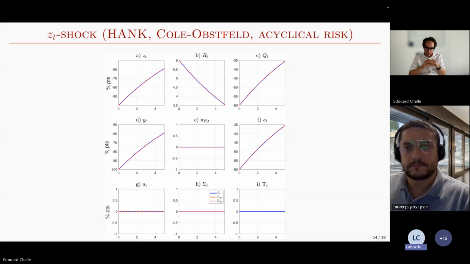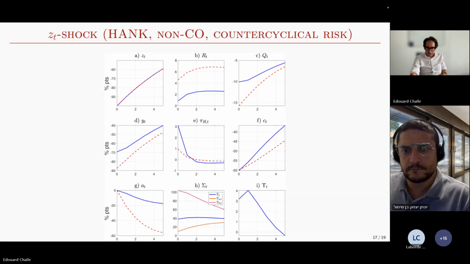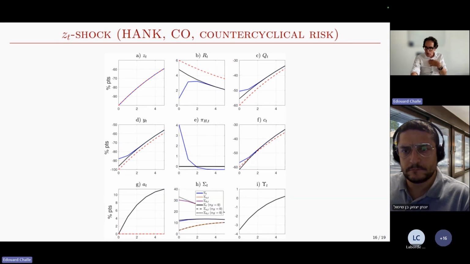Okay, so this can be read as the same benchmark that they derive for the equivalence between a representative agent. Exactly. So that was the purpose. If I had shown you, or anyone, or ourselves when we started working on this project, those IRFs, I would just not have understood what's going on.